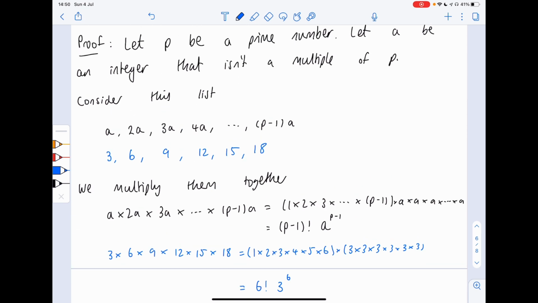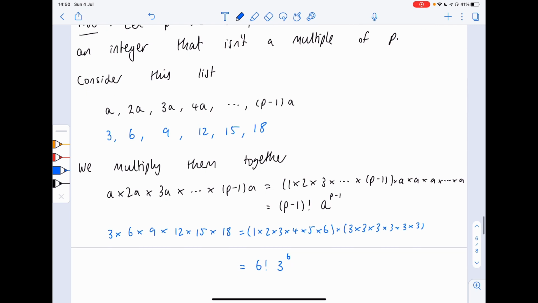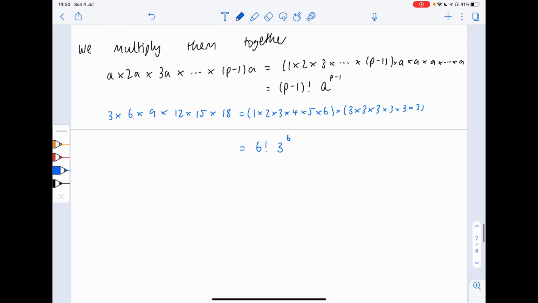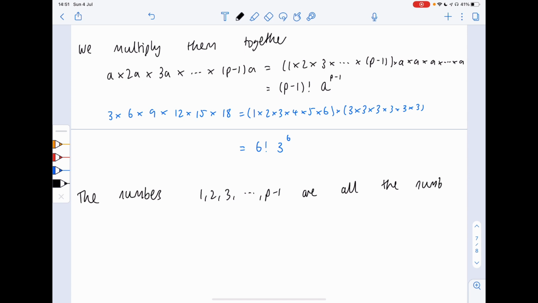So I think the best way to explain this is the numbers 1, 2, 3, up to p minus 1 are all the numbers mod p.